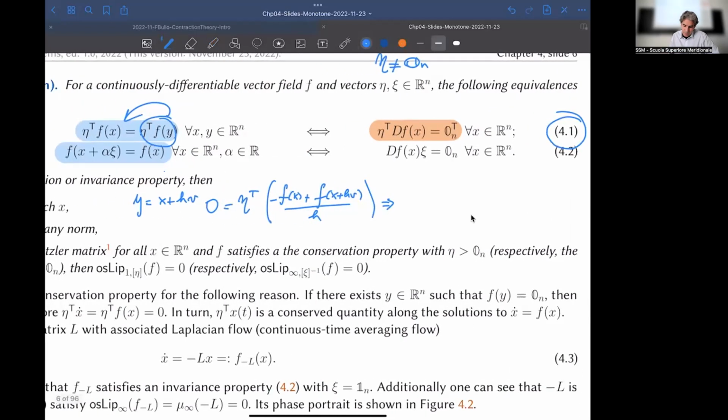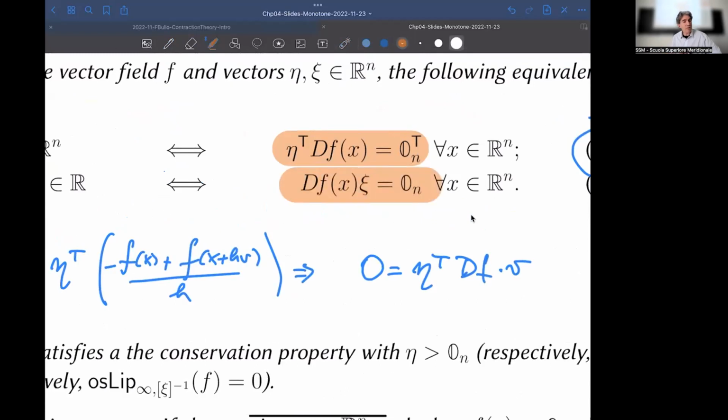This ends up being that 0 is equal to eta transpose, the Jacobian of f, times the vector v. This must be true for all v, because v is arbitrary. The direction in which I vary y, starting from x here, is arbitrary, which means that I get that the Jacobian satisfies that equation. Similarly, using similar ideas, for the translation invariance, you get that the Jacobian satisfies that equation. Can anybody tell me what kind of equations are these two?